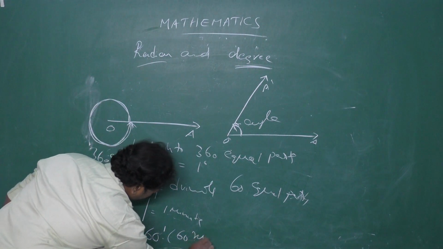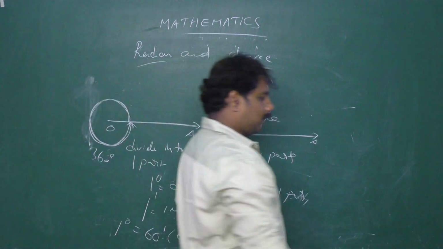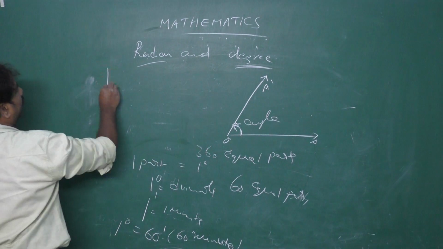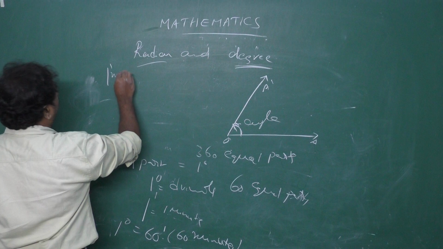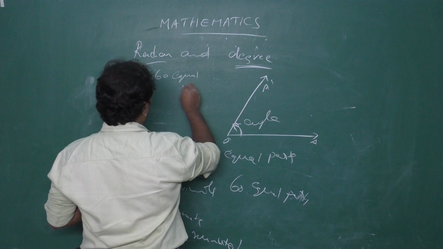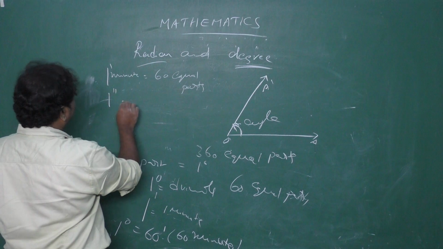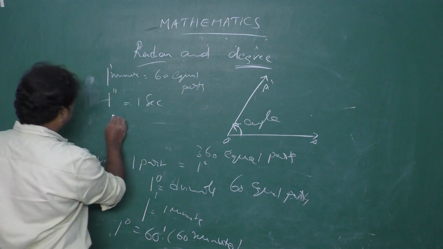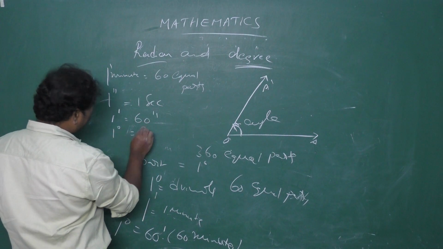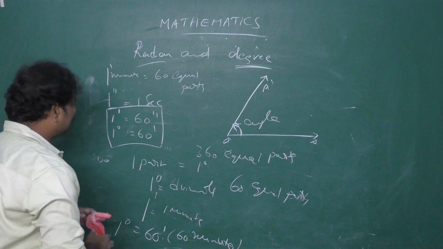In the same way, 1 minute is again divided into 60 equal parts, and that they call 1 second. That means 1 minute is equal to 60 seconds, and 1 degree is equal to 60 minutes. This is very important in angles.